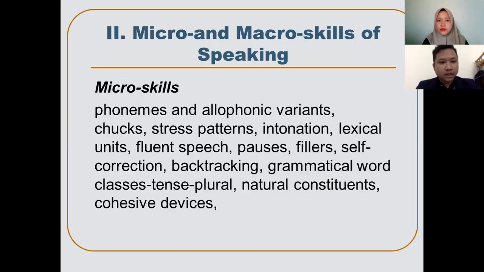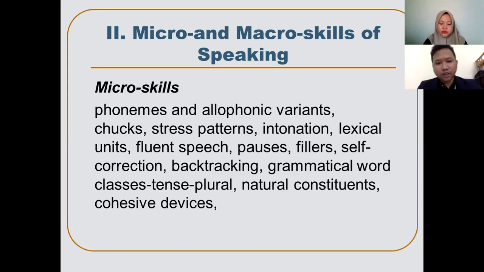So next, the second point focuses on macro and micro skills of speaking. In speaking, we divide the skills into 2. For micro skills, we focus on the study of phonemes and allophonic variants, like chunks, or the stress patterns in vocabulary, or intonation in phrases and sentences.